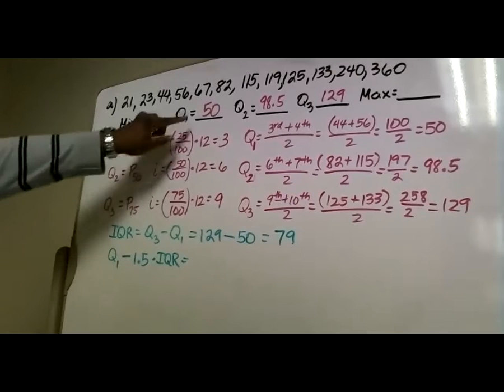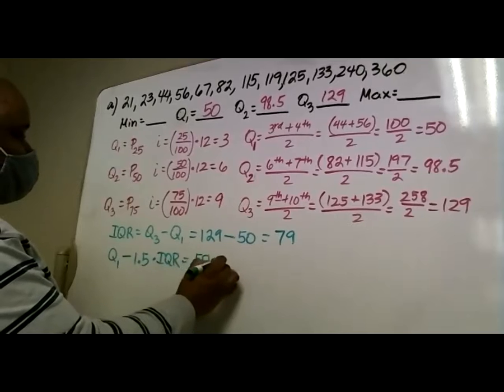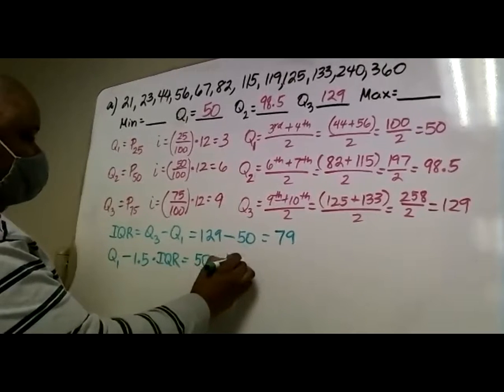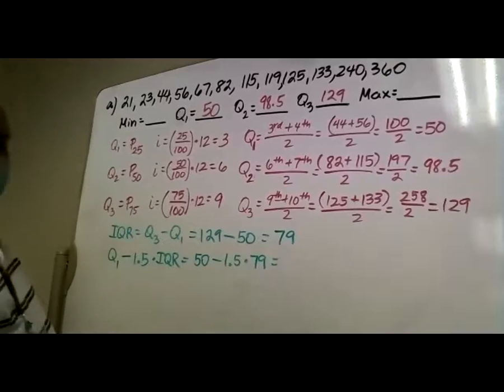In this case, my Q1 was 50, minus 1.5 times 79. That 1.5 is just part of the formula. So what's 50 minus 1.5 times 79?